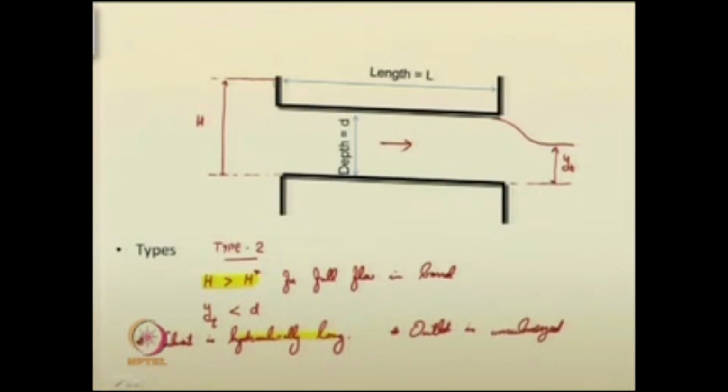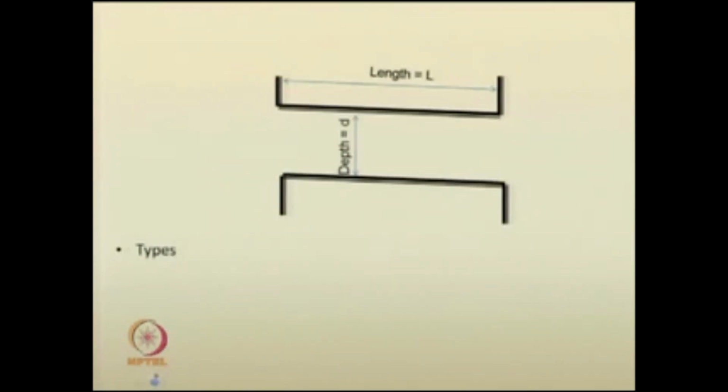The next type which we can discuss is type 3. Let me give this as type 3 here. Type 3 flows in culverts. What is the peculiarity of type 3 flows?